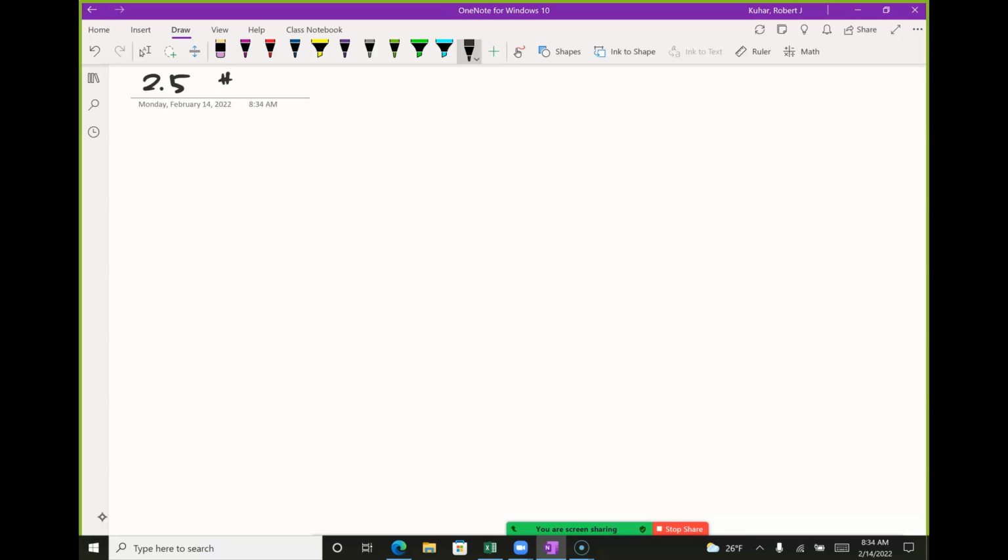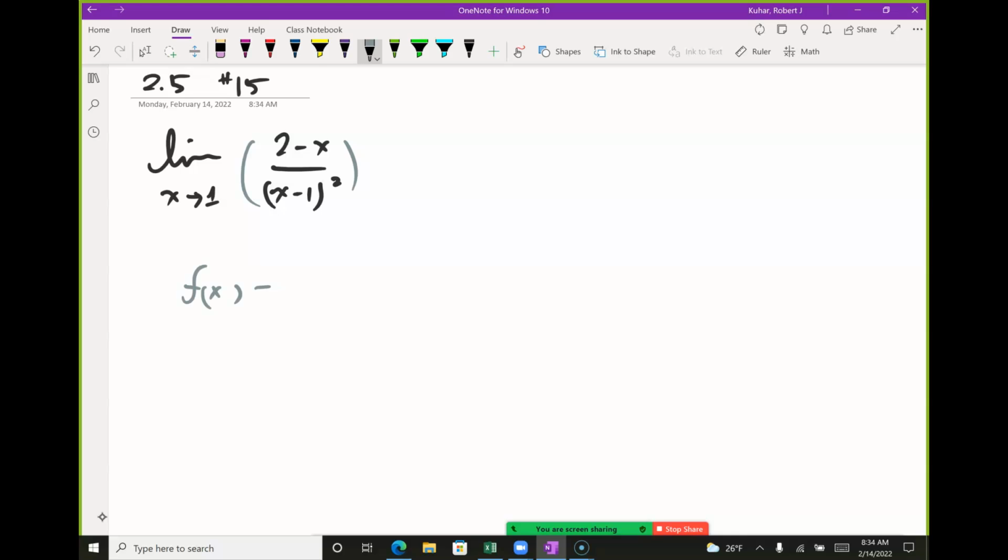This is number 15. The limit as x goes to 1 of (2 minus x) over (x minus 1) quantity squared. Now, when I teach this in pre-cal, I say, well, f of x kind of looks like 2 minus x over x minus 1 quantity squared, right?